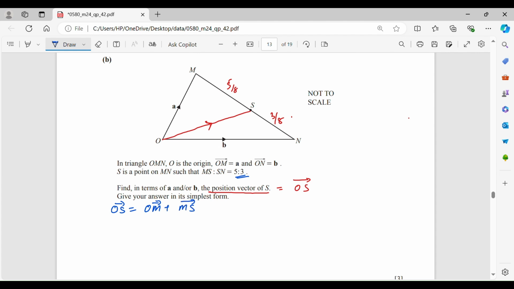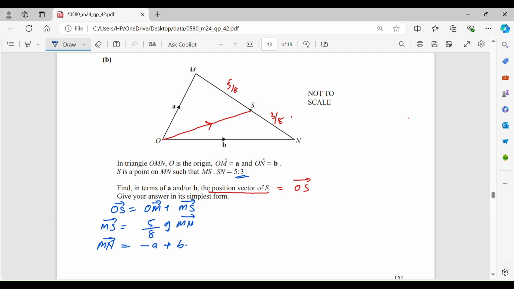OM is already given, so we need to find only the MS vector. MS vector is 5/8 of MN vector, right? So what is the MN vector? MN vector will be equal to minus A plus B.